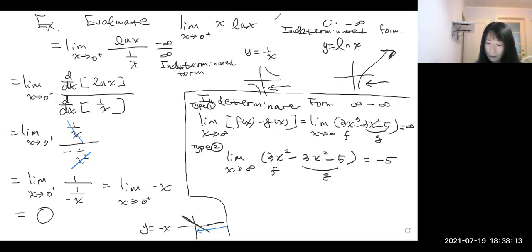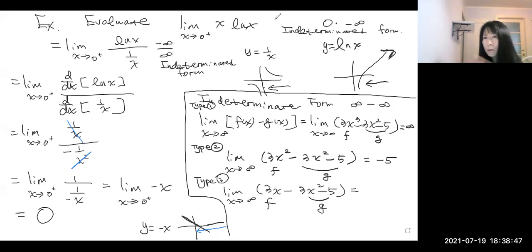Very good. And type 3, what if this time g of x goes to positive infinity much faster than f of x, right? Then, for example, like this. Okay, look, this is f, this is g.